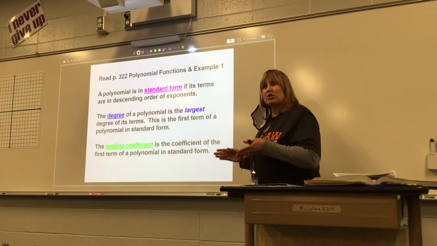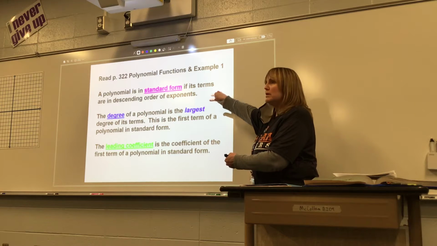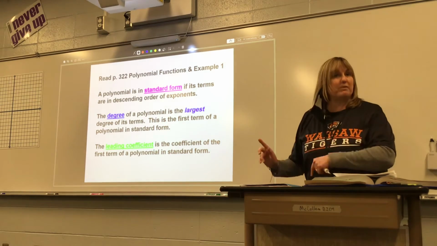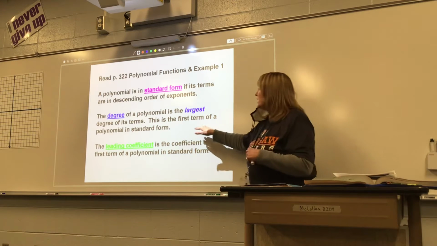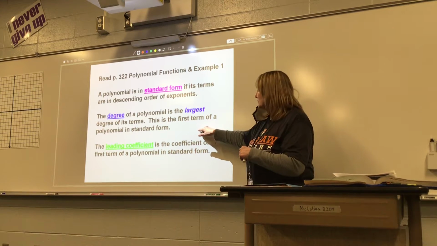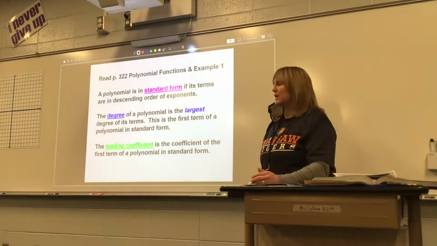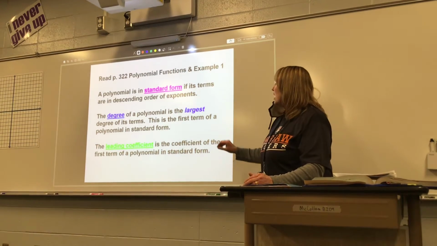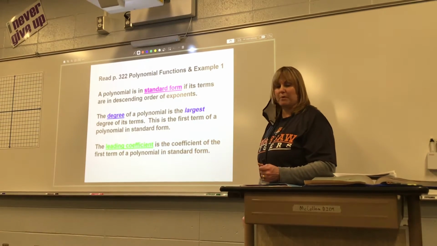Each term has a degree, but if it's written in standard form, the largest degree term should be written first, and that exponent is the degree of the polynomial. And the leading coefficient, that's also something of significance, is the coefficient of the first term of the polynomial when it's written in standard form.